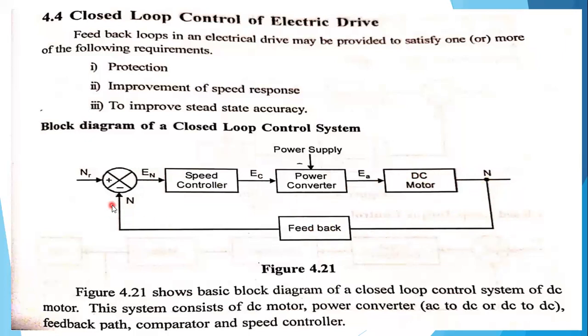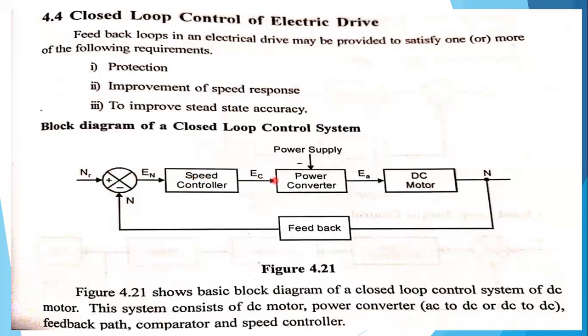This actual speed N is compared with the reference signal NR, and then the error signal is called EN. It goes to the speed controller. The speed controller produces a control signal, our control voltage, called EC.